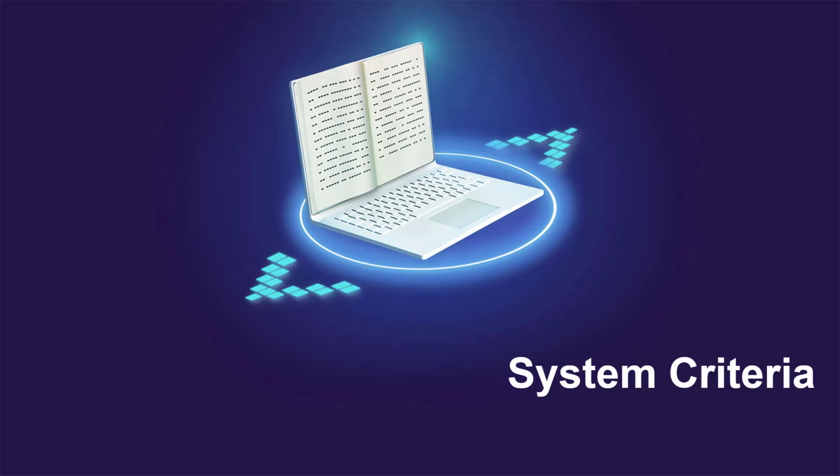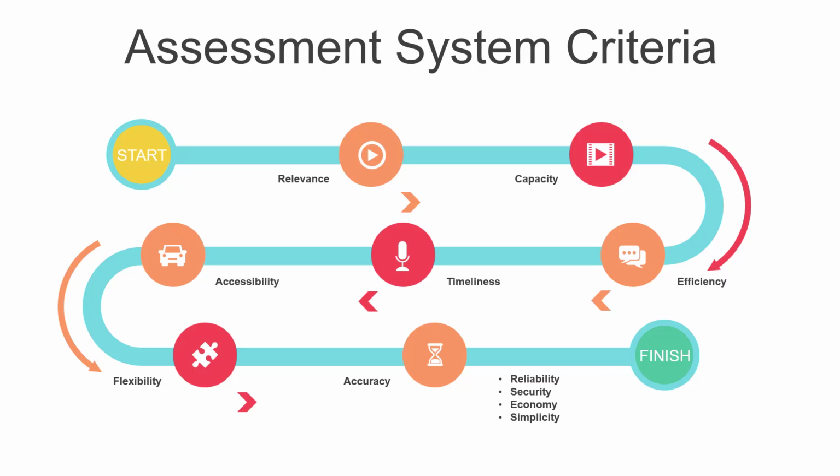Okay, system criteria. This is some system assessment criteria. It starts from relevance, as we know, relevance from the system, and the capacity too. The capacity is how the system is built.